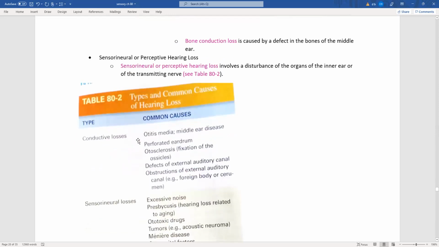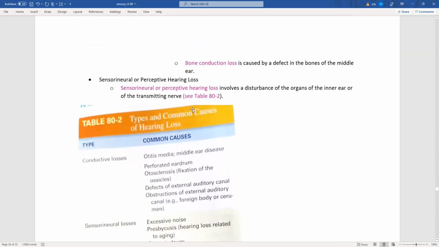With conductive losses: otitis media, middle ear disease, perforated eardrums, otosclerosis, fixation of ossicles, defects of external auditory canal, obstructions of the external auditory canal, which are foreign bodies or cerumen. Cerumen is wax. So these are the common causes of conductive losses.